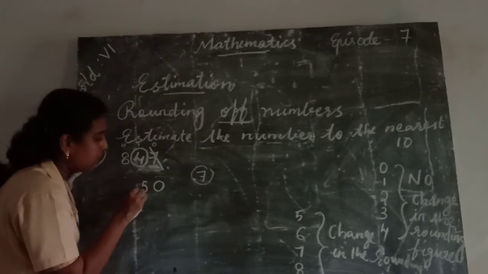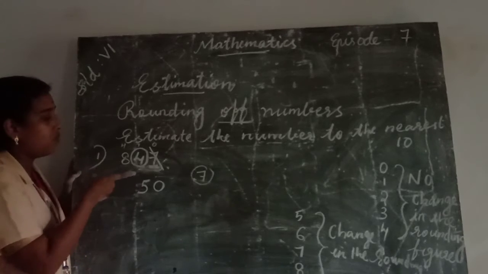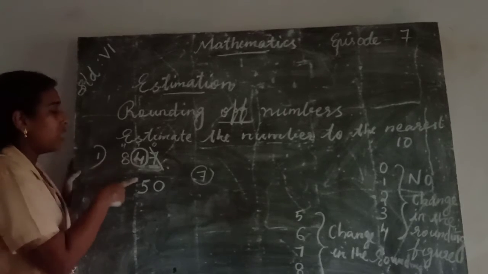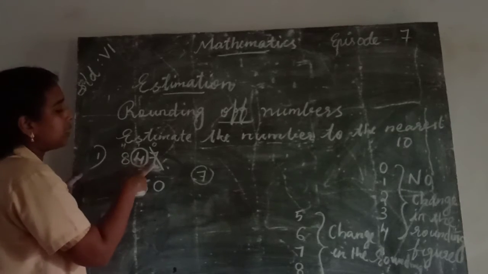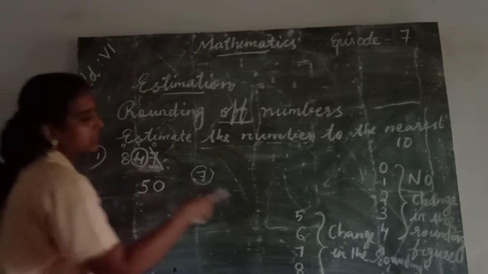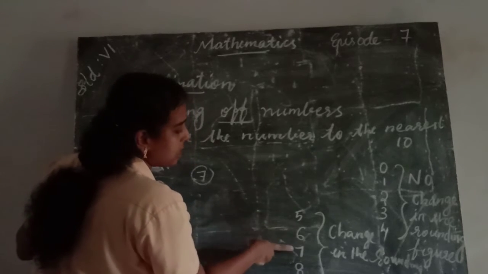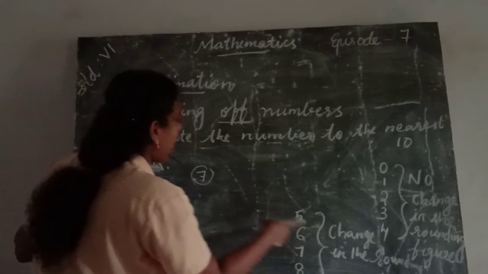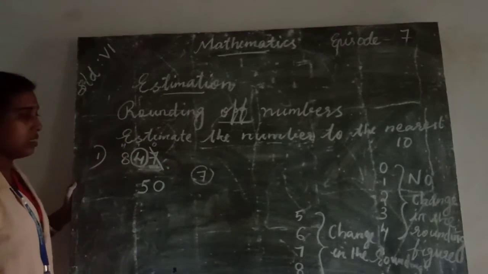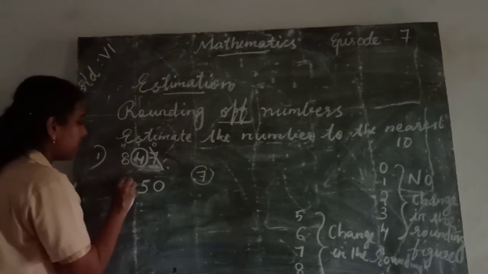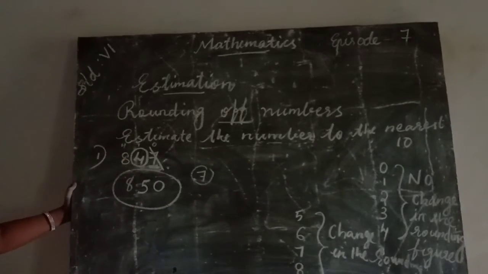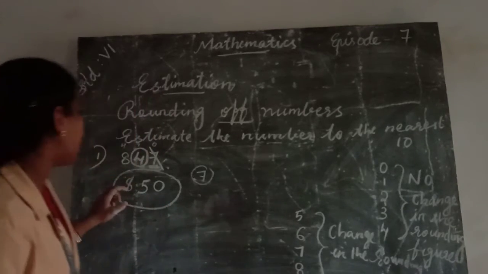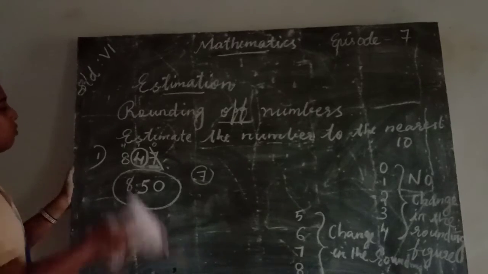If the digit is 5, 6, 7, 8 or 9, then we add 1 to the rounding digit. So we get 5, then we write 0. The nearest 10 to the number 847 is 850.